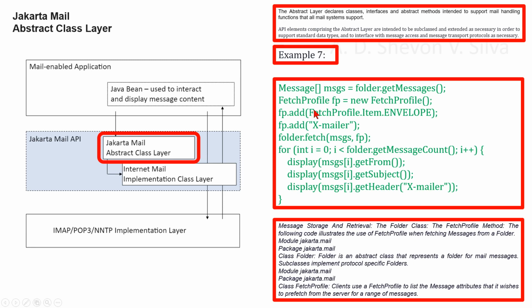The client fills its header list window with the Subject, From, and X-Mailer headers for all messages in the folder.